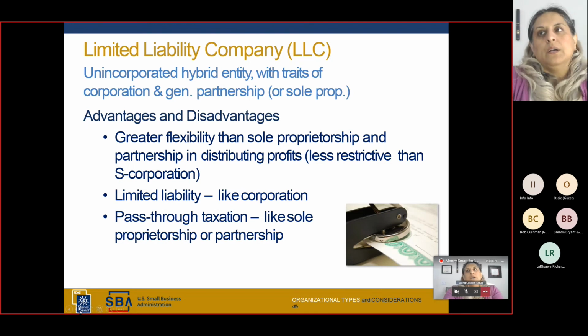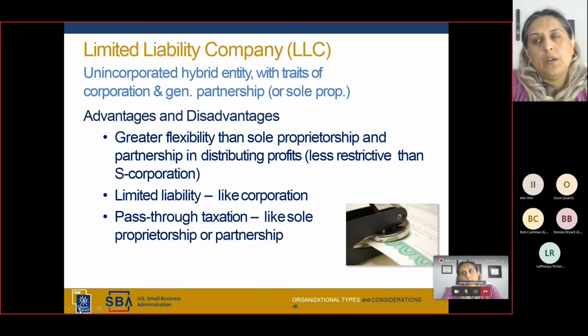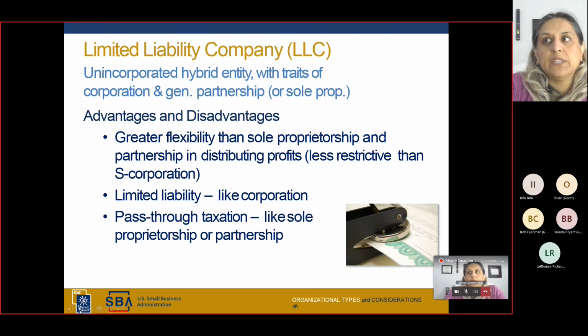So, management. The operating agreement for an LLC sets forth how the business is managed. The owners of most small LLCs participate equally in the management of the business. So if you have two people, they both need to be participating in the management. This arrangement is called member management.